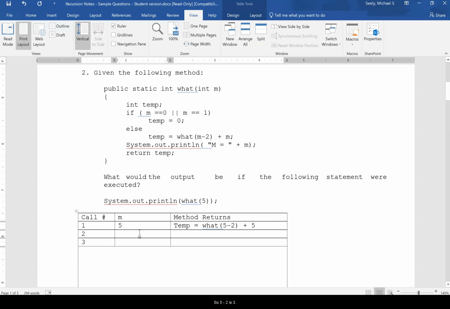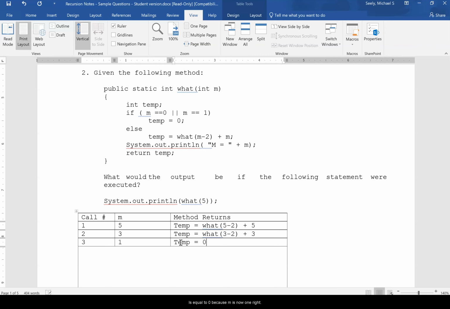So 5 minus 2 is 3. So 3 is not equal to 0 or 1, so then I have temp is equal to what of 3 minus 1, 3 minus 2, and then plus 3. We've got 1 here.